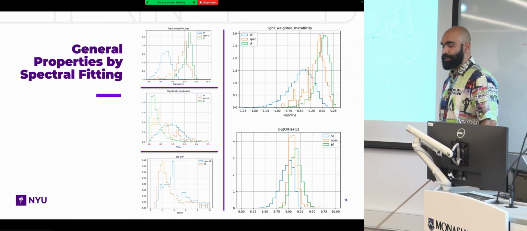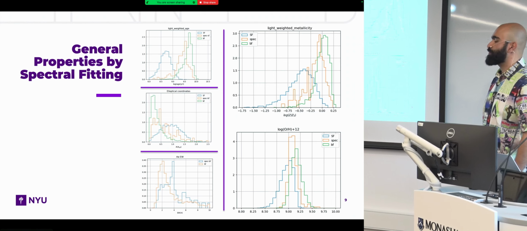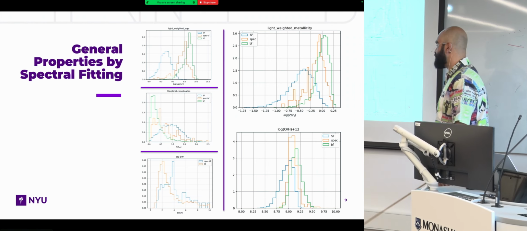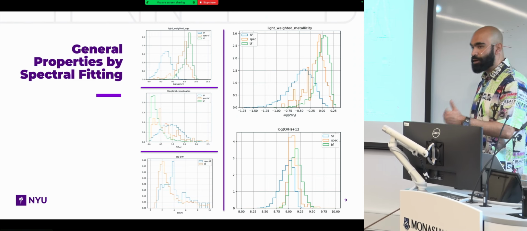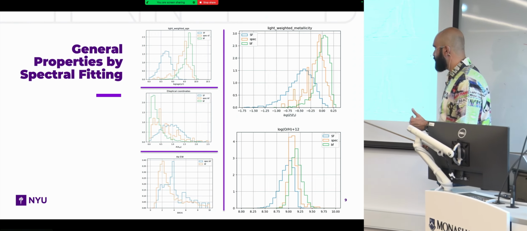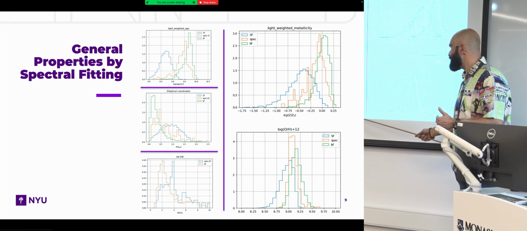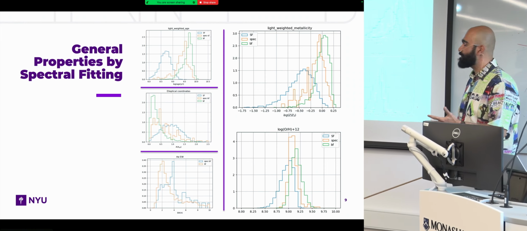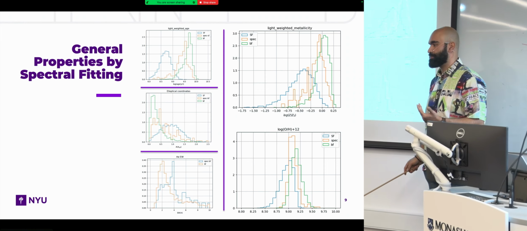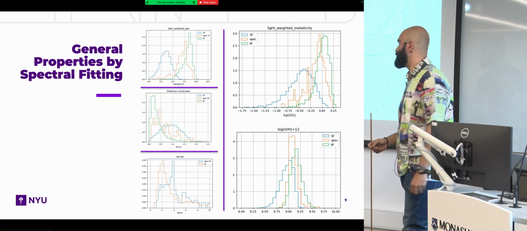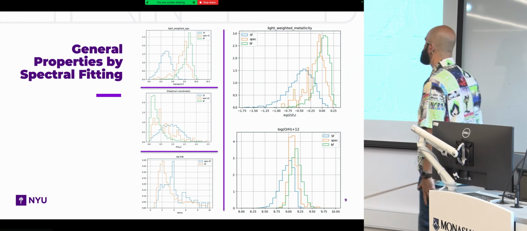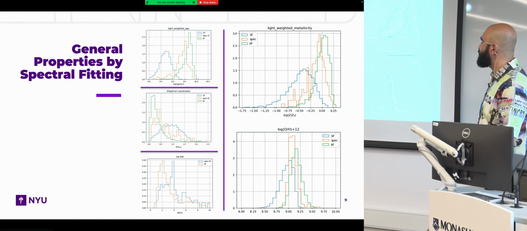H alpha equivalent width is something that people use to infer the strength of the AGN activity. Usually if you have an equivalent width of 6 and above, that's a strong AGN galaxy. Anything between 3 and 6, that's a weak AGN activity. And anything below 3 is what is called fake AGN or retired galaxies, where basically there's no real AGN activity, so that's why it's called fake.